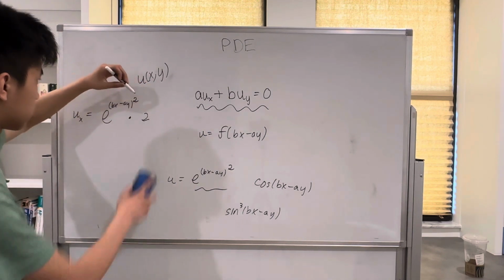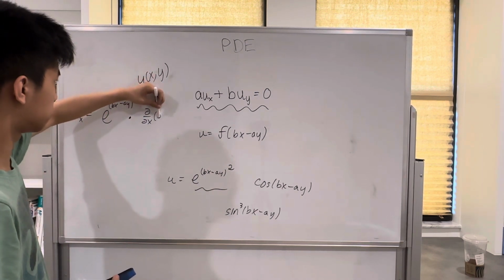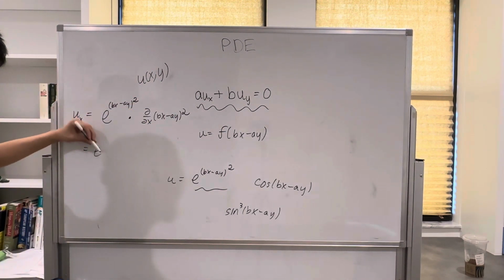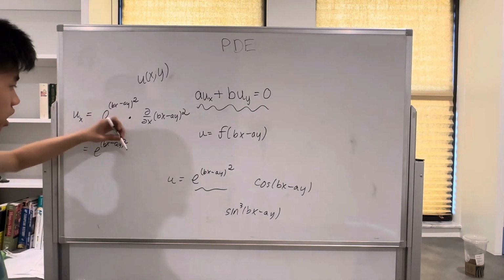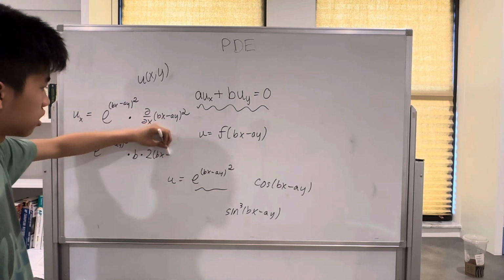We're going to be finding the derivative of (bx minus ay) squared. This is the chain rule, just multivariable calculus in action, times b times 2(bx minus ay).